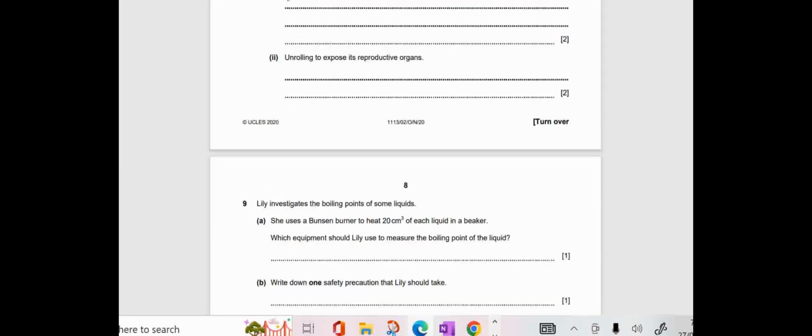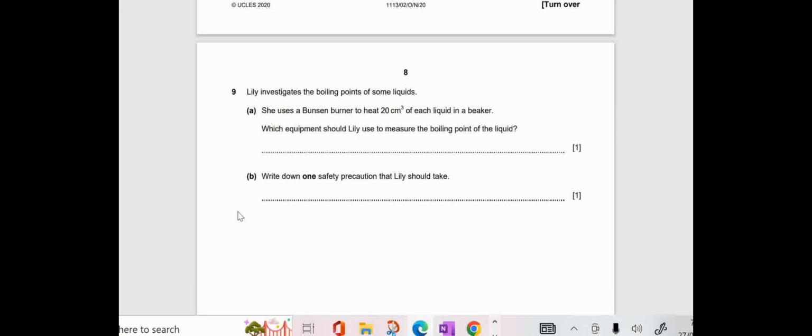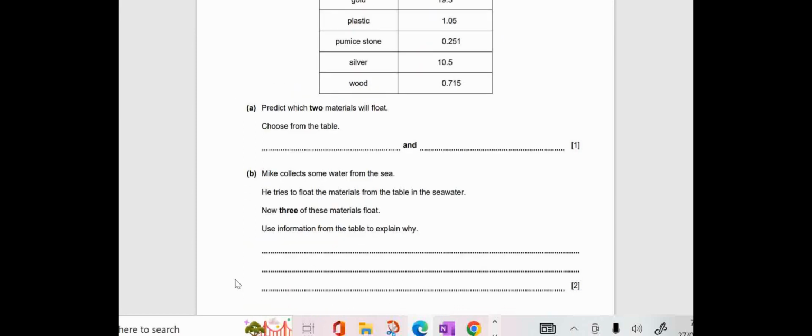Question 8b, part 1 and part 2. Next we move on to question number 9, A and B. After that we'll go to question 10a and this is question 10b.